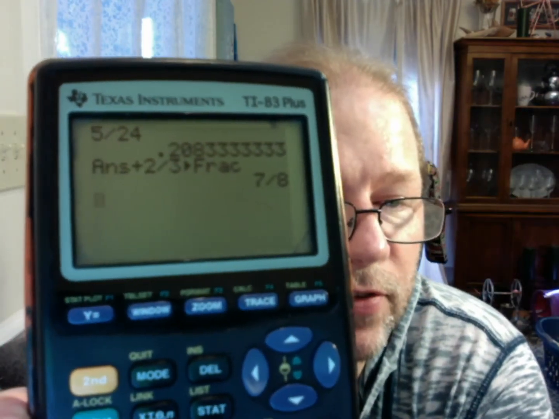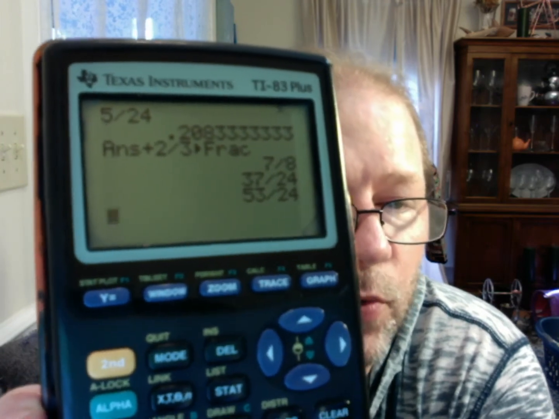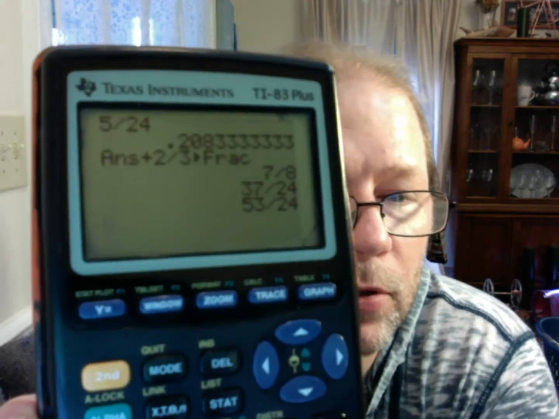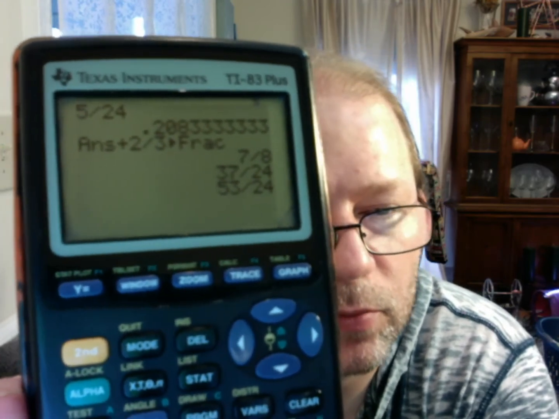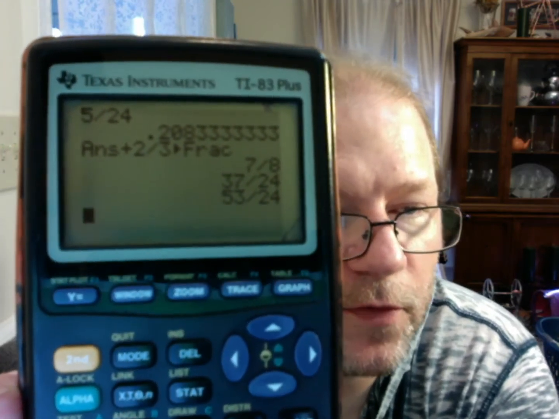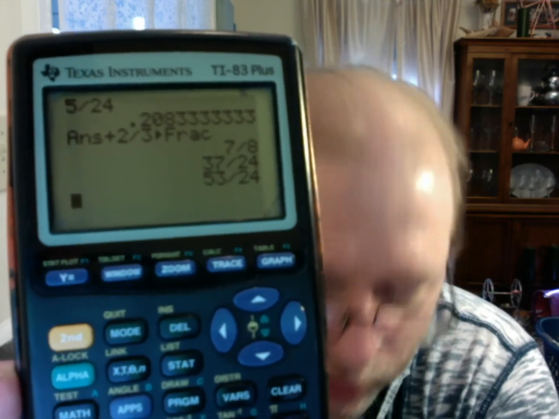So we get 7/8, 37 over 24, 53 over 24. That's bigger than 2. So we only want our coefficients to be less than 2. So the only solutions we get are the 5 pi over 24, 7 pi over 8, 37 pi over 24. Let's write those down.